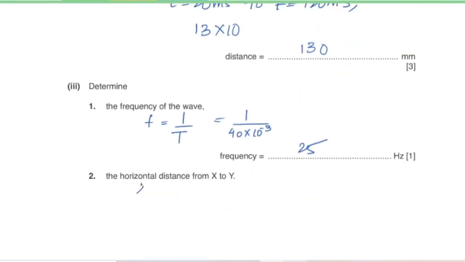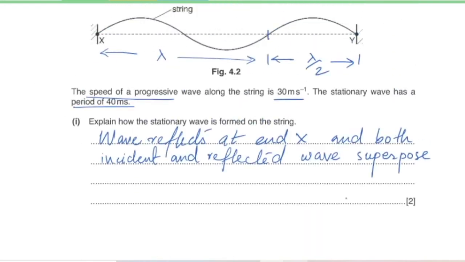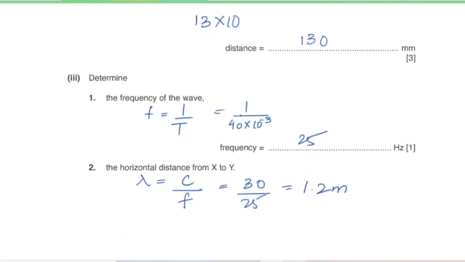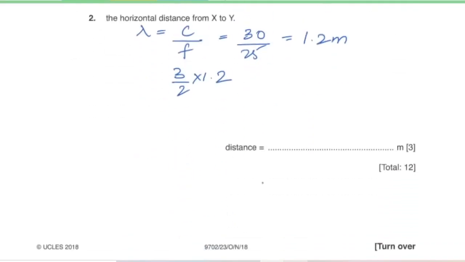Wavelength is equal to speed divided by frequency, where speed we had over here is 30 divided by 25, and we get a wavelength of 1.2 meters. So from X to Y, we have 3 by 2 of wavelength in total. So 3 by 2 multiplied by 1.2 meters, and we get a distance of 1.8 meters between X and Y.